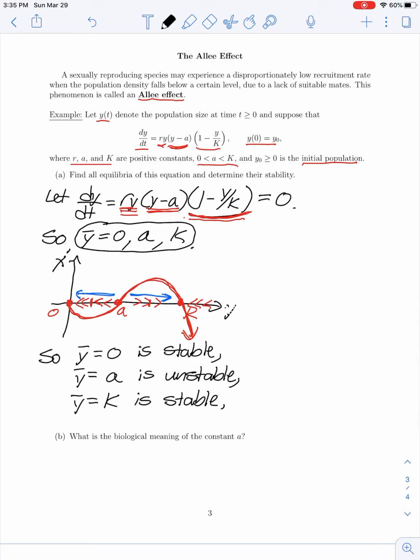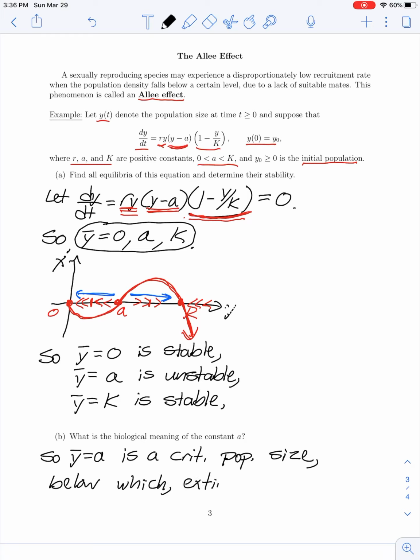So the biological meaning of that constant a is a threshold population below which we see extinction of that population. So here, y equals a is a critical population size below which extinction occurs.